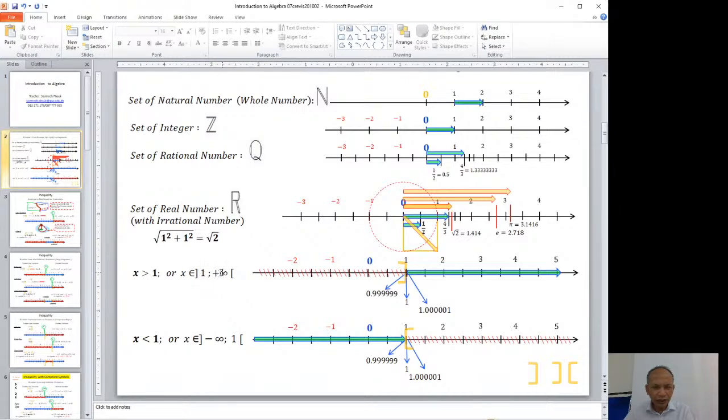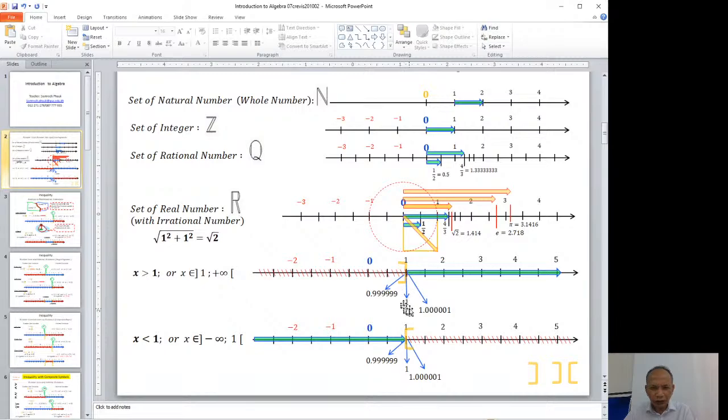Here we have x bigger than 1 or in set notation we write x belongs to the set, open bracket 1 up to plus infinity and open bracket also. Here we draw the picture to represent all these notations. X here is not really 1 when we write this bigger than 1.